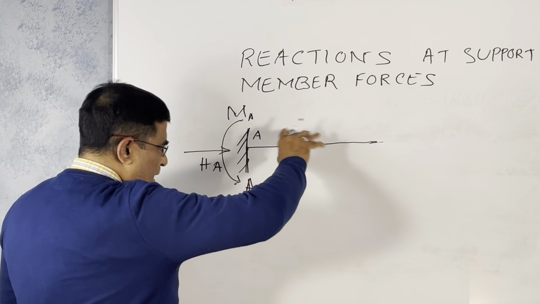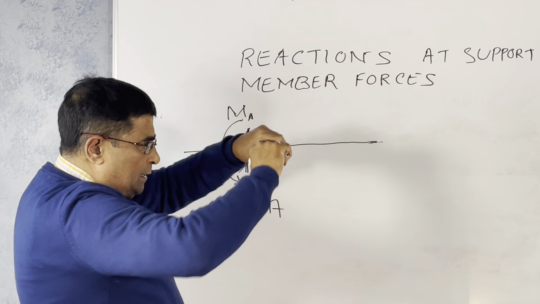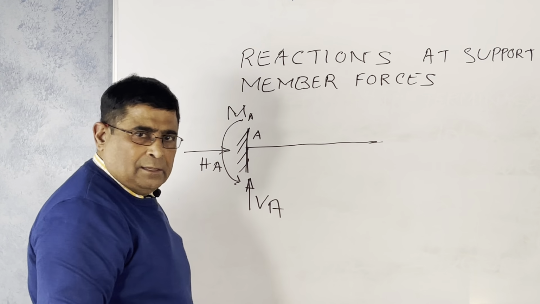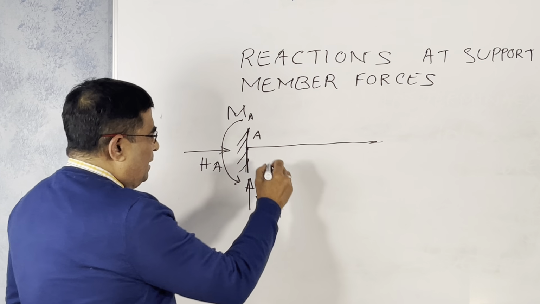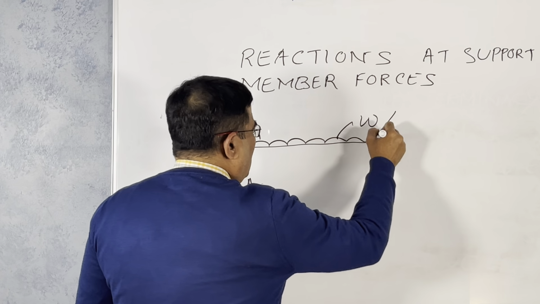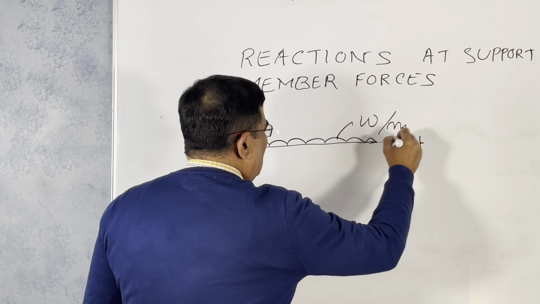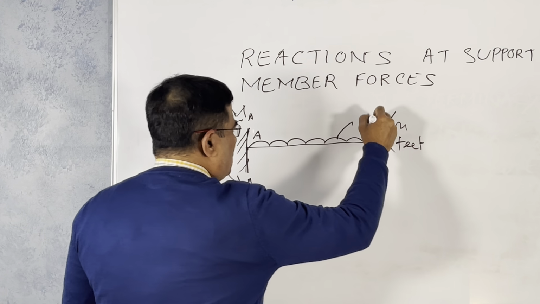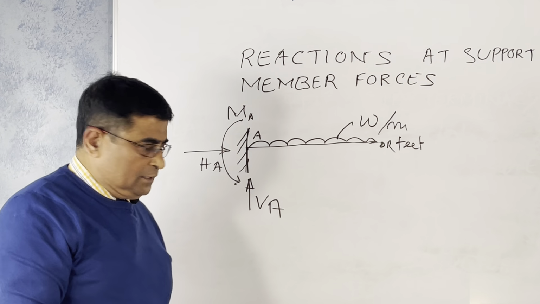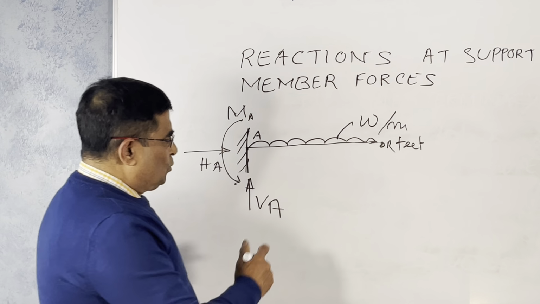Because it tries to bend, if you put some pressure you feel the moment here, and that moment is MA. It is the same thing if you have some load there. W is the unit load, uniformly distributed load, we call it. So there are three unknowns, so we can easily find out.